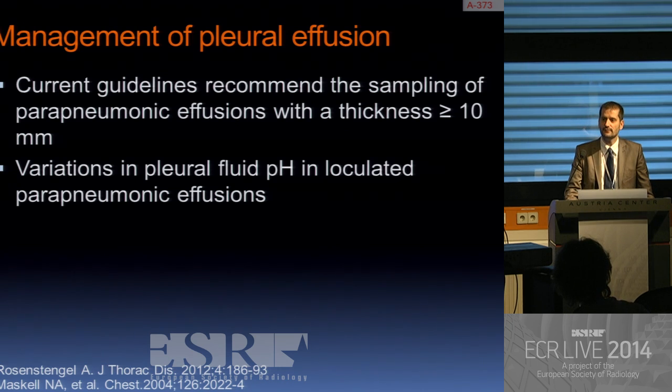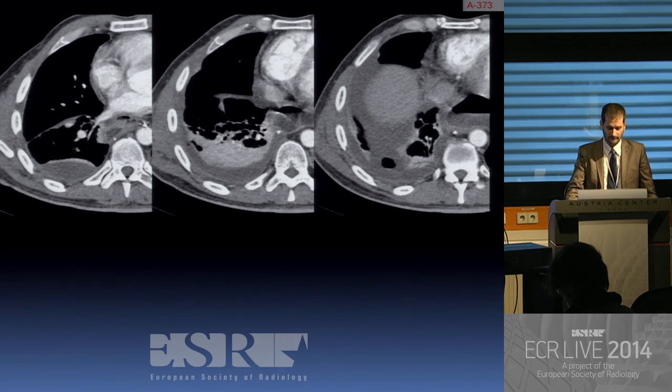What is the current management of a pleural effusion? Current guidelines do recommend the sampling of parapneumonic effusions with a thickness greater than 10 millimeters. Although you have to know that pH can vary depending on the place that you take the sample. Here you have a case of a patient with an esophagectomy who developed a right pleural effusion.